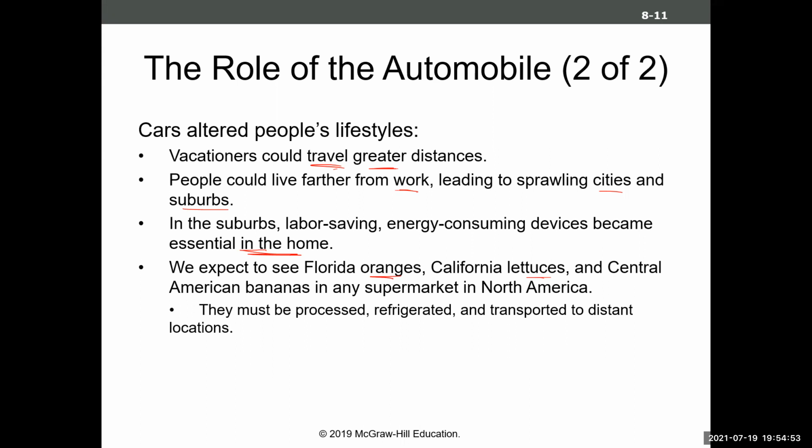You can get bananas and avocados that come from Mexico or Central America, pretty much any supermarket. And for example, in California, you get Idaho potatoes. And so what this means is that a lot of energy has to be used in order to gather, process that food, refrigerate it, and transport it to these distant locations.